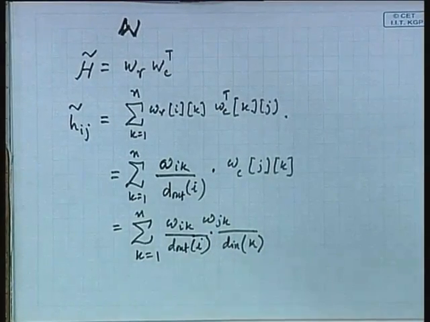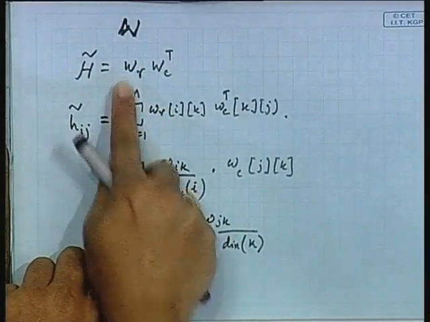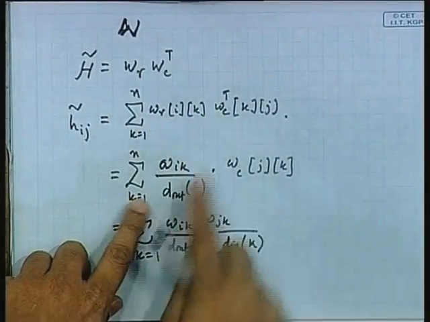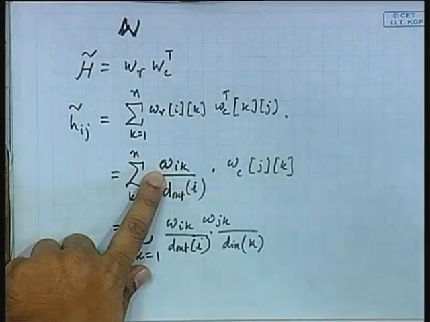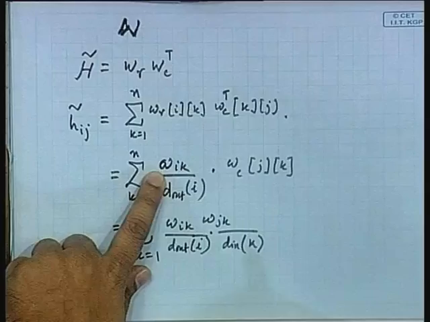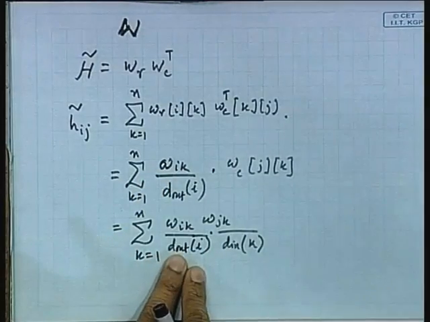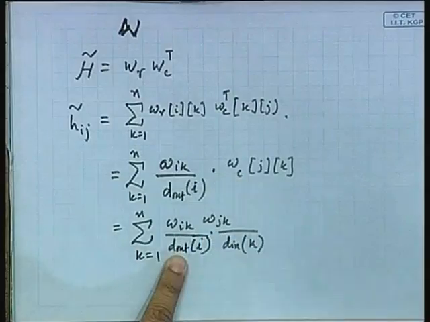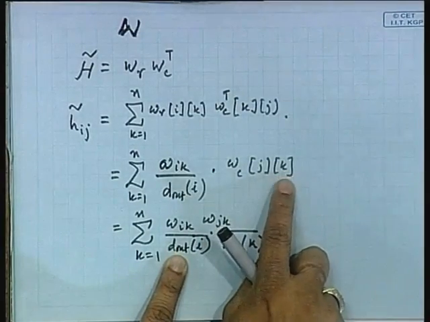So, up to this much, is it clear? This is a row normalized matrix, remember W_R. So W_R,ik will be normalized by the row. The row is i, and when we normalize the row, it is the out degree of the node i by which you normalize, and when we normalize the column, it is the in degree of the column node. So k is the column node.